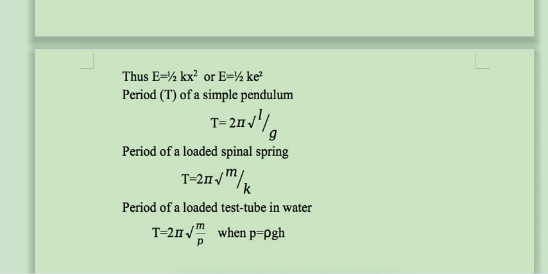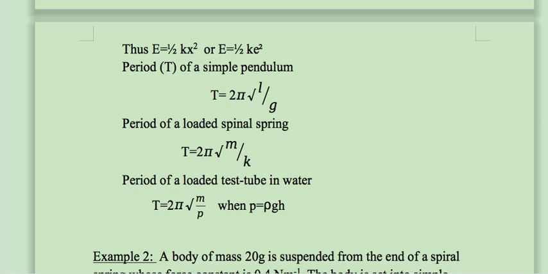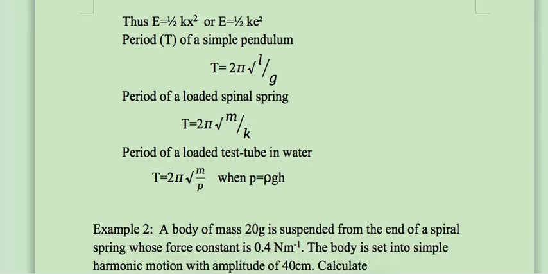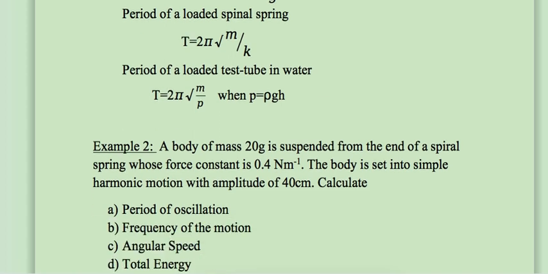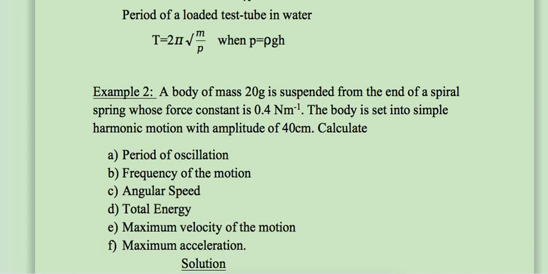While in a test tube, we have T equal to 2 pi square root of M over P, where P is the pressure of the liquid, given as rho g h, where rho is the density, g is the acceleration due to gravity, and h is the height of the liquid. So those are the three formulas that we may need to know when solving problems on simple harmonic motion.